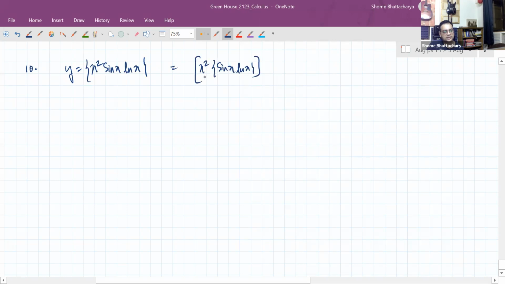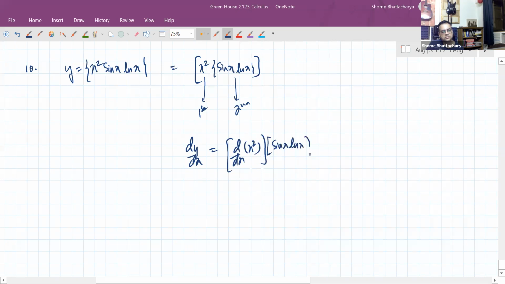So now treat this like your first function and this whole bracket as your second function and use product rule. So it is differentiation of the first function multiplied by the second function plus first function into differentiation of the second. And then when it comes to differentiation of the second, again apply product rule.